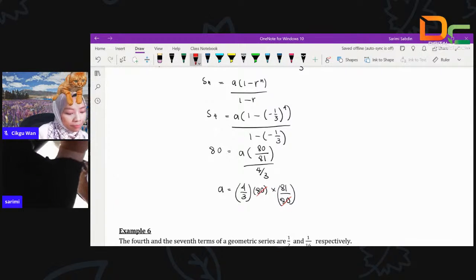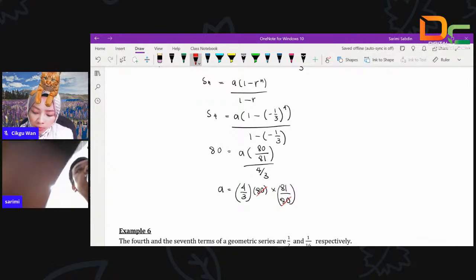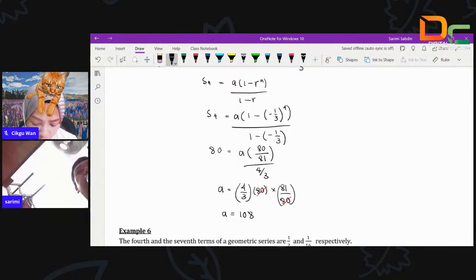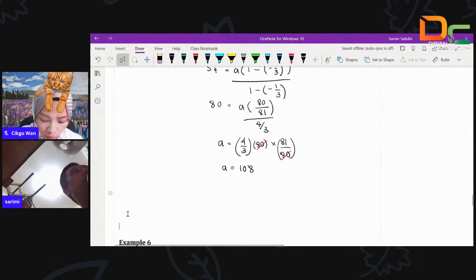So apa yang tinggal sini adalah 4 times 81 over 3, which is equals to, A is equals to 108.